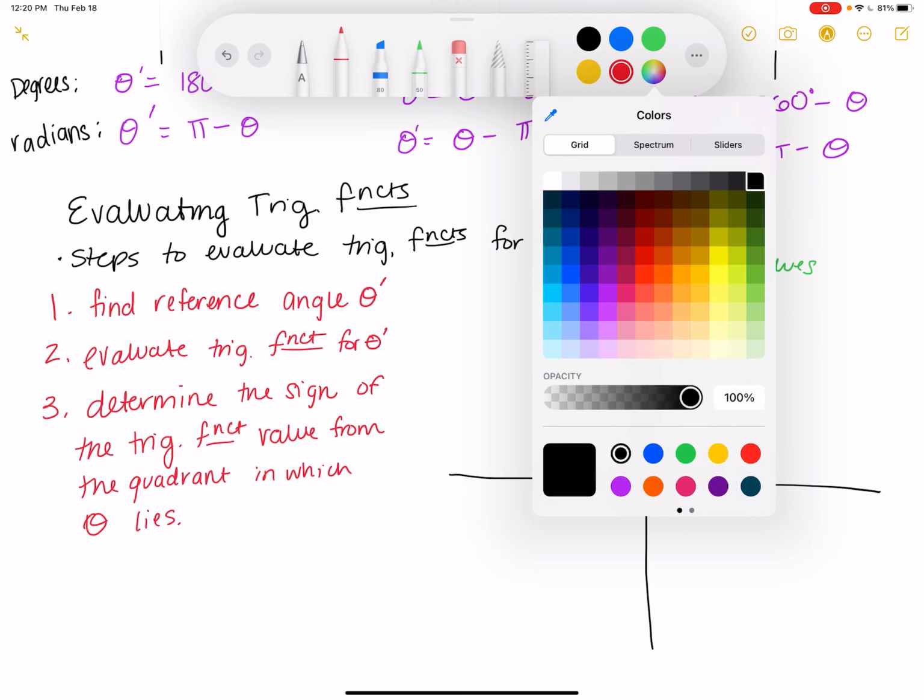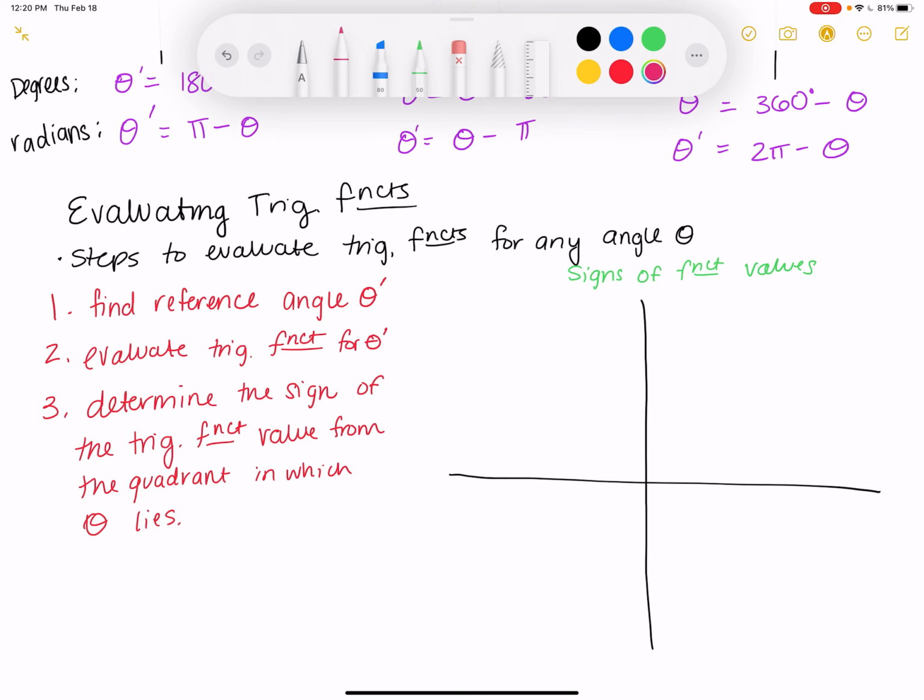So we're going to fill in the sign values, okay, for each quadrant. So quadrant 1, quadrant 2, quadrant 3, and quadrant 4.